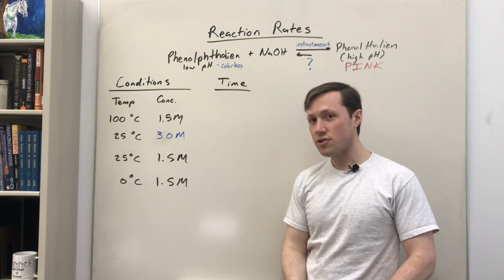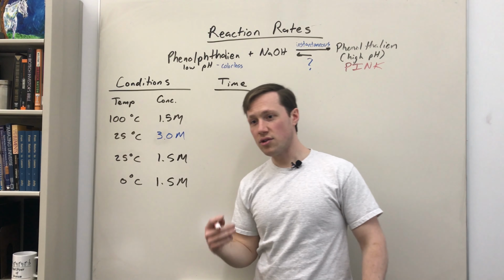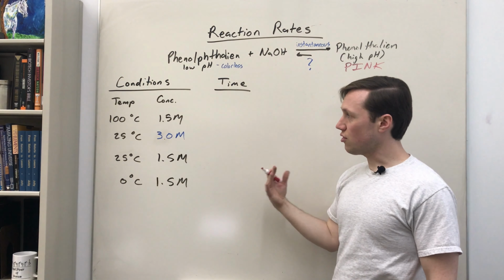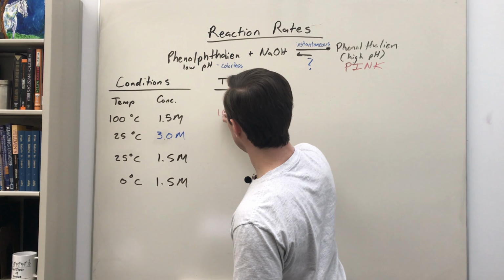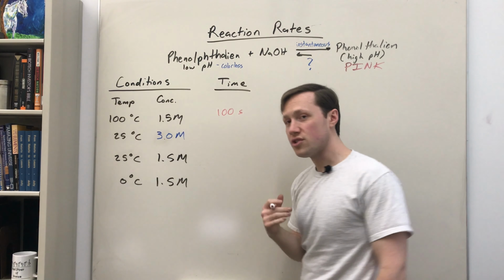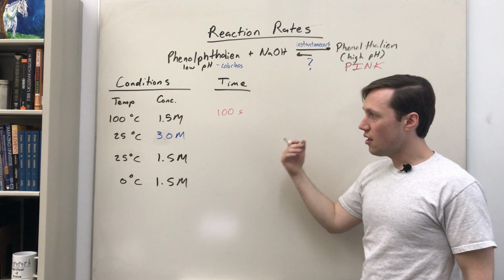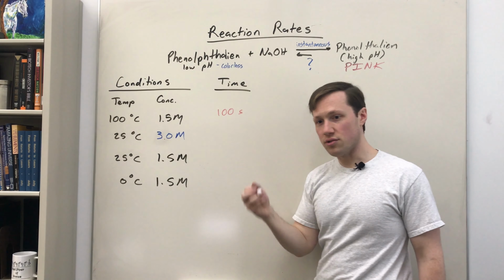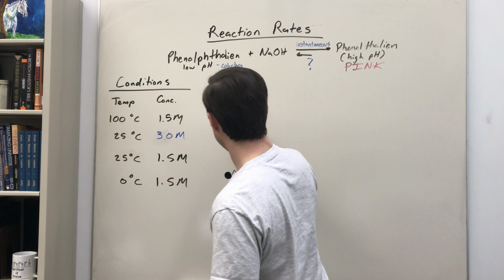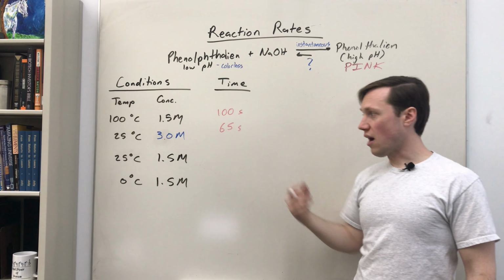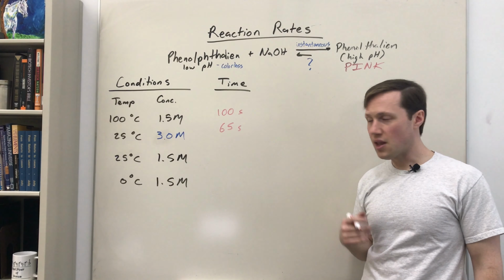The 100 degrees C solution was observed to turn back to its original color in about 100 seconds. The 3 molar solution was observed to turn back to colorless in around 65 seconds.